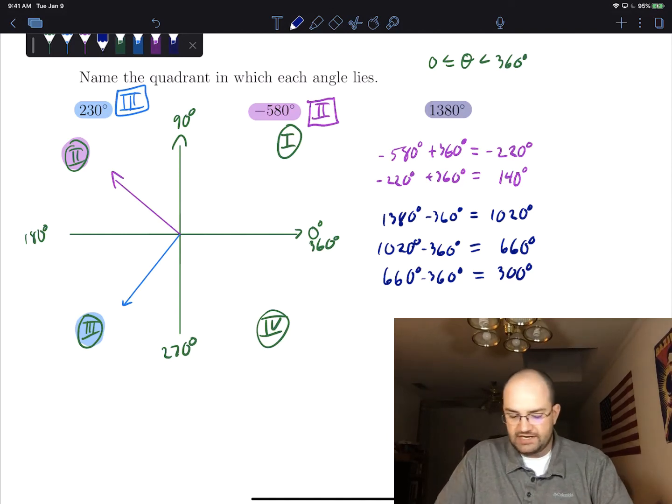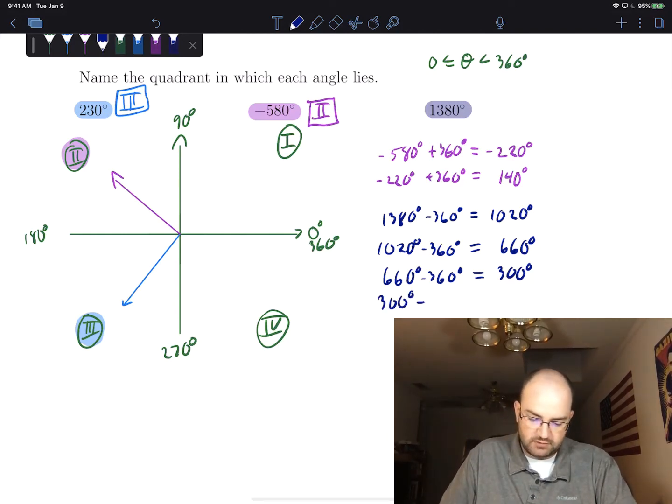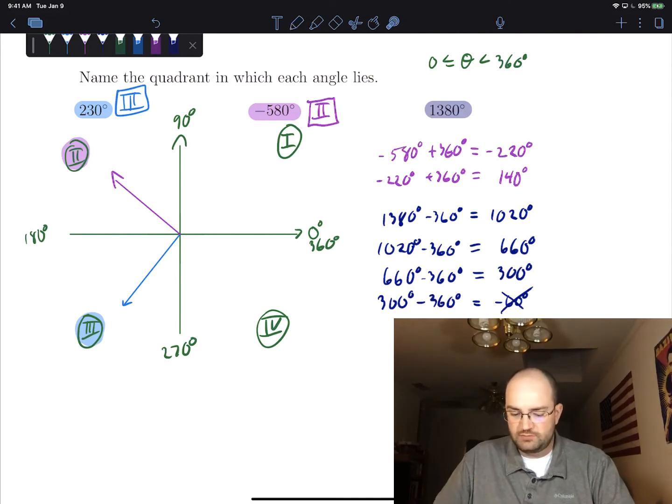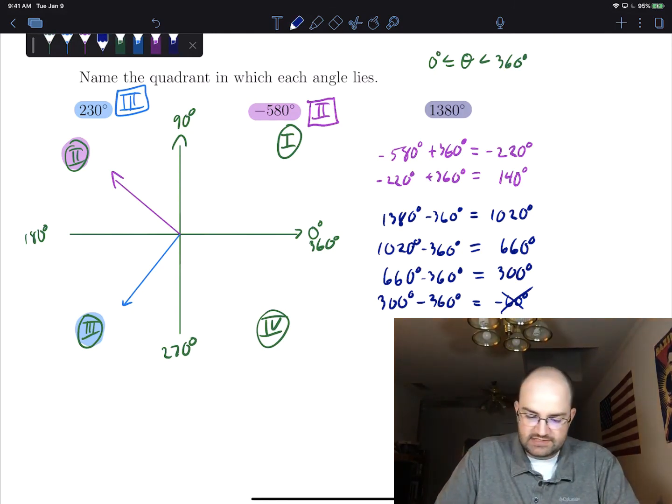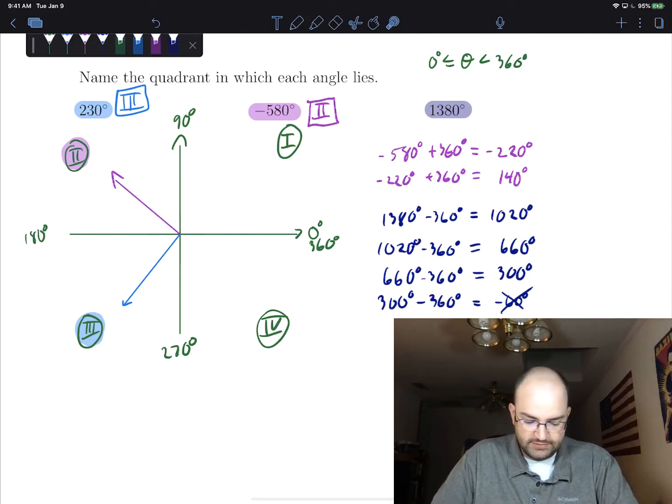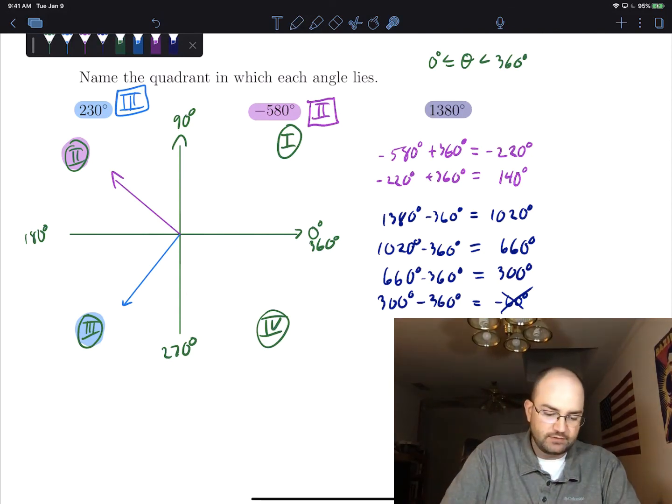Now, notice that I cannot subtract off another 360, because if I do, that gives me negative 60 degrees, which is not what we wanted. We wanted it to be between 0 and 360. I really should put that there. There we go. Now what that means is that 300 degrees will be 30 degrees more than 270 and 60 degrees less than 360.